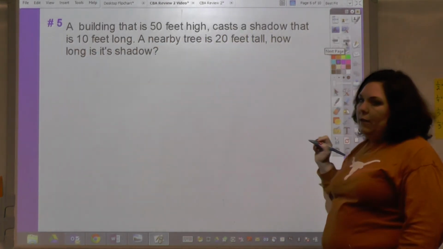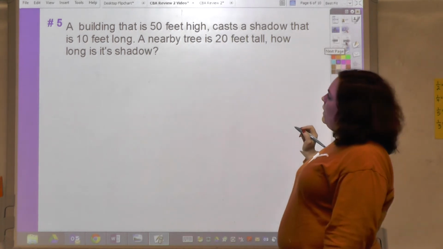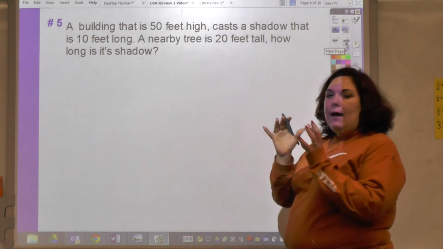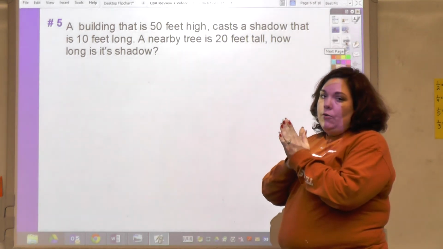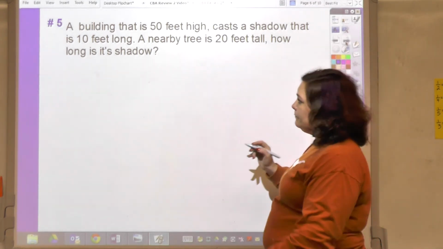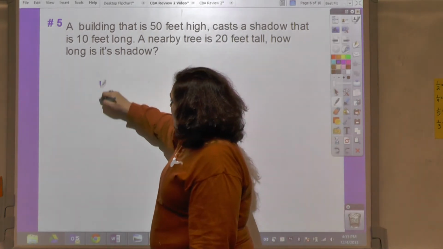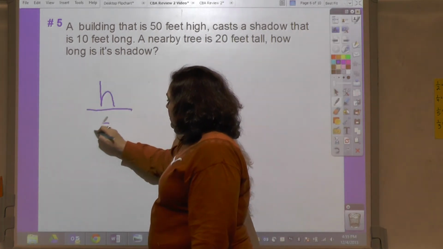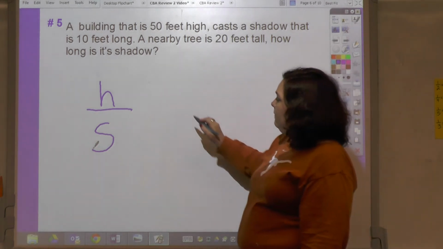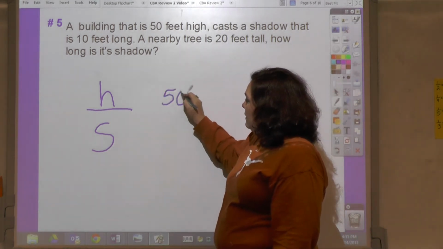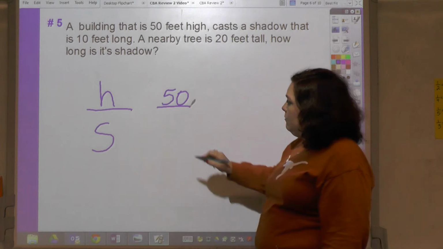So this is one of those shadow ones. Whenever you're doing this, you have to make sure that you're labeling what you are finding. You're always comparing a height to a shadow. So it says the building that is 50 feet high, so that's my height, casts a shadow 10 feet long.